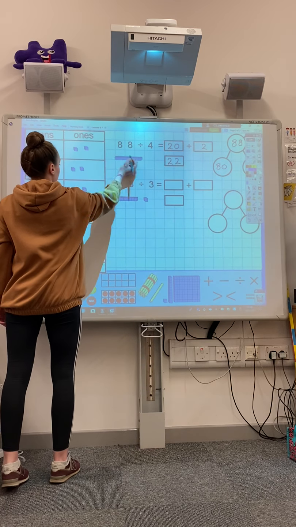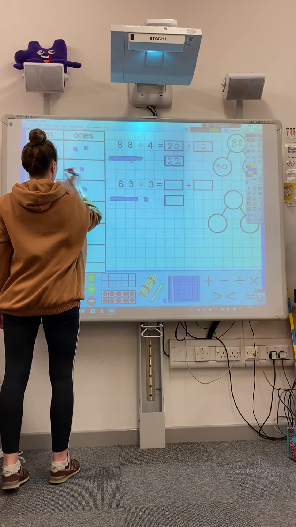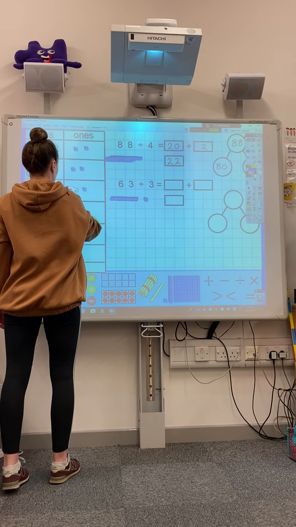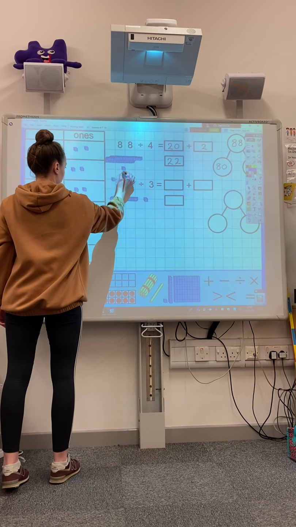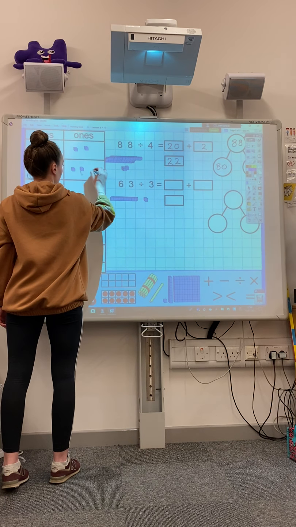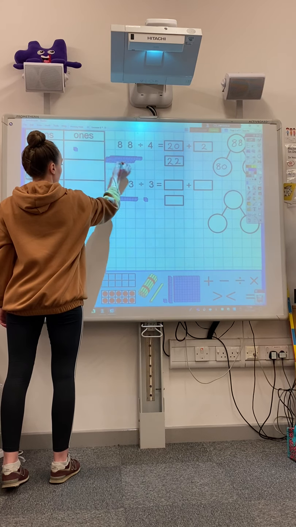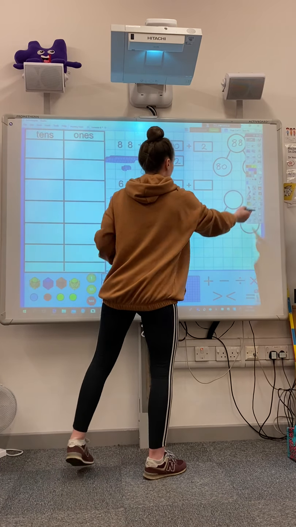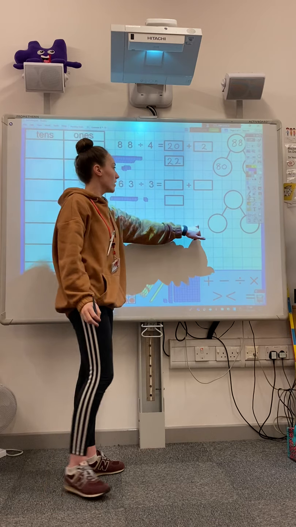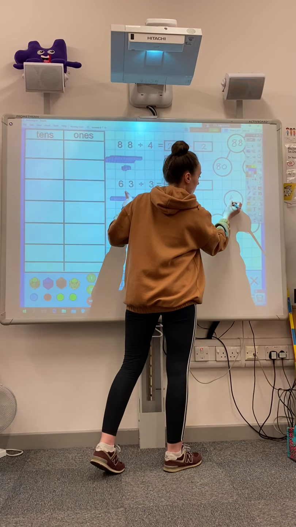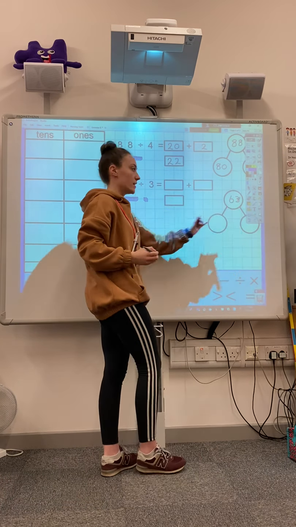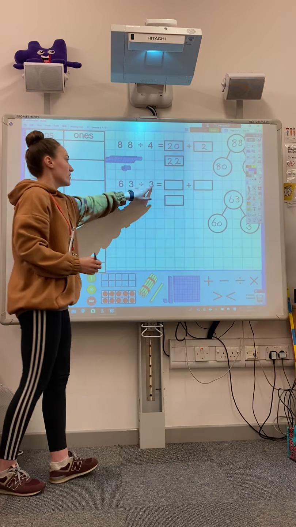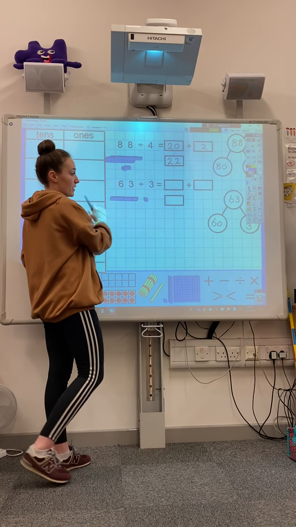Okay, and then we've got another one, so now we've got 63 divided by 3. Move those 10s and 1s out of the way. Again, I'm going to split 63 in my part-part whole model. So I'm writing 63 at the top, that's my whole, and then splitting 63 into 10s and 1s. So there's 6 10s, which would be 60, and 3 1s, which would be 3. Then I'm going to share it into 3 groups because this time I'm dividing by 3.